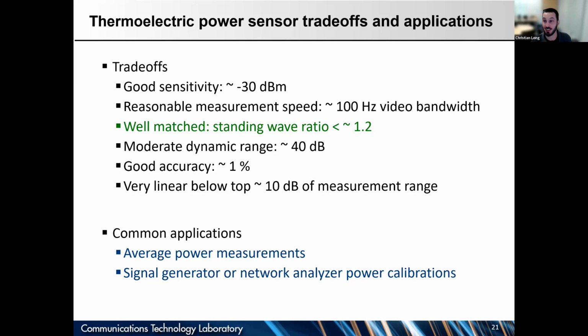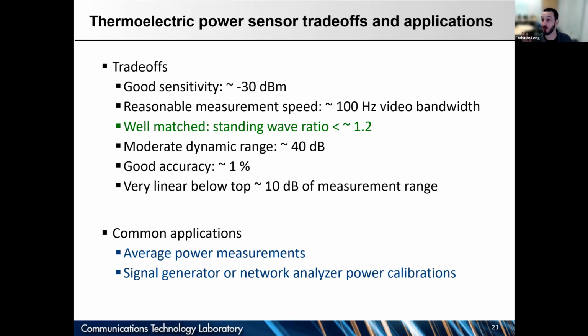So you might get 100 measurements per second, a slower envelope measurement capability, but it's generally more accurate and more linear than, say, a diode power sensor. So it's very popular for average power measurements, but not so much peak power measurements or waveform measurements.